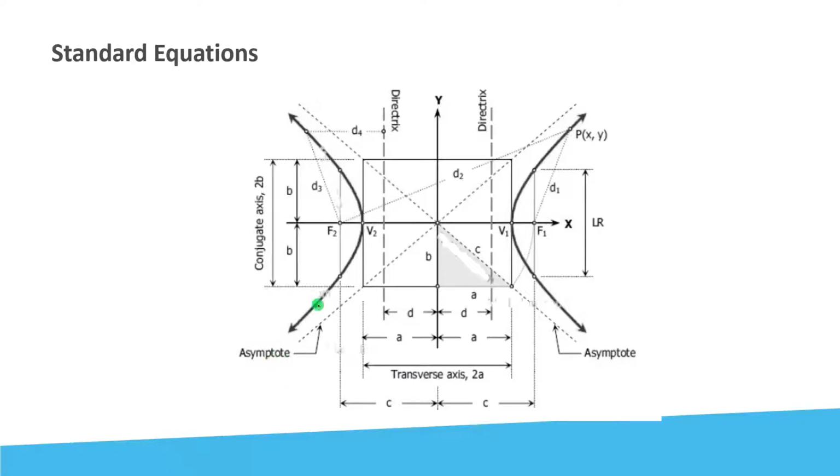Now our hyperbola will be going to that direction as it continues, but the asymptote and the hyperbola will never meet. The hyperbola is going to the direction of the asymptote, but it will never meet.